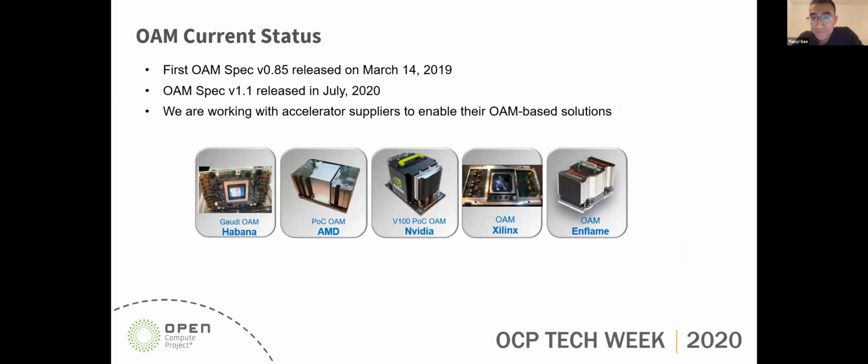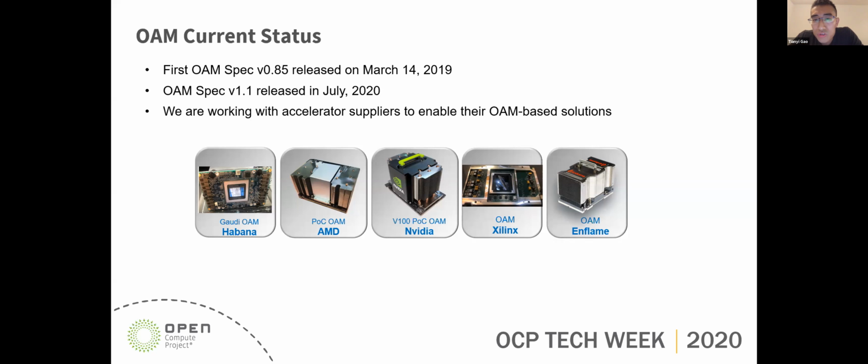Next one. The first OEM spec version 0.85 was published in early 2019. In parallel, the project group was working with multiple vendors developing OEM-based solutions. And at the same time, we are continuously verifying and updating the technical specs.